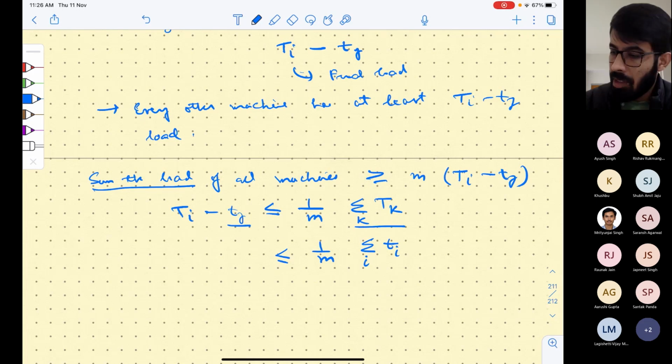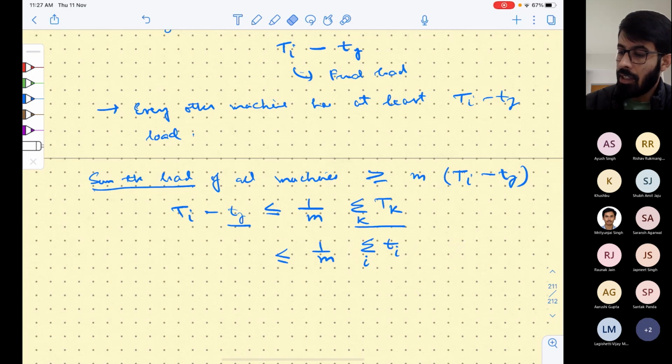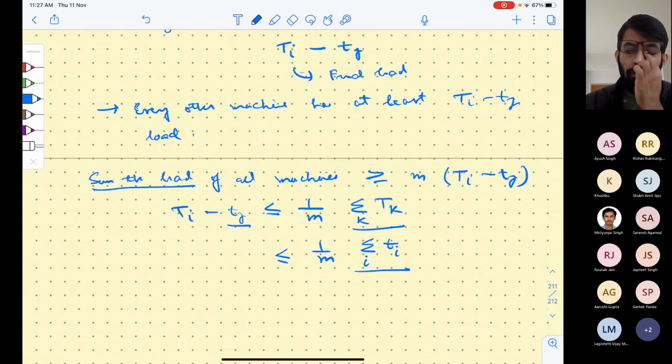Let's just say summation of Ti, because this is the sum of the loads of all the machines, and the sum of the loads of all the machines is at most the sum of the loads of all the jobs.